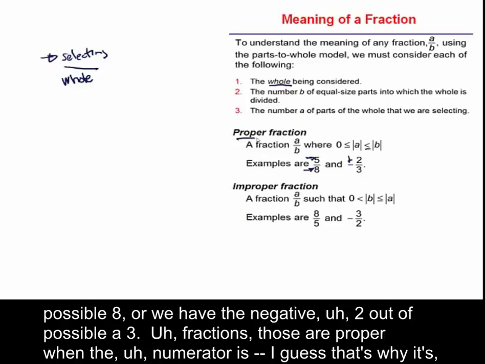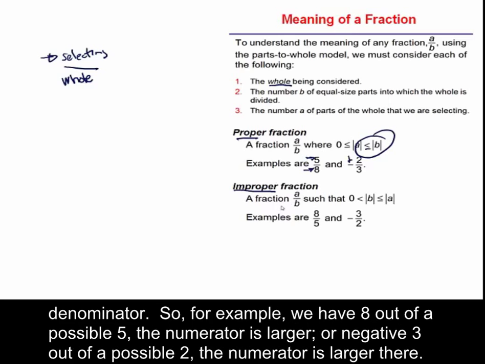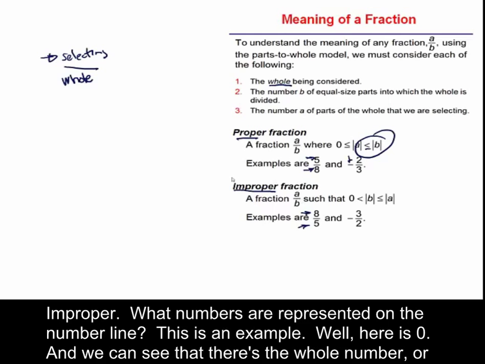Fractions are proper when the numerator is less than B. And we have improper fractions, where the numerator is larger than or equal to the denominator. So, for example, we have 8 out of a possible 5, the numerator is larger, or negative 3 out of a possible 2, the numerator is larger.